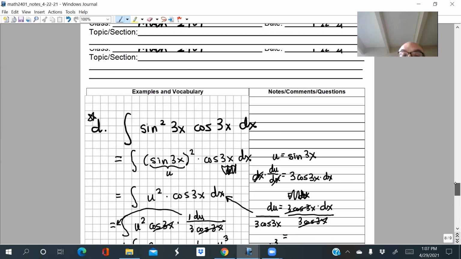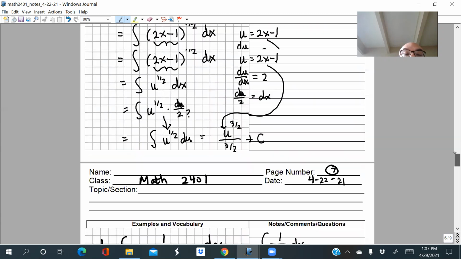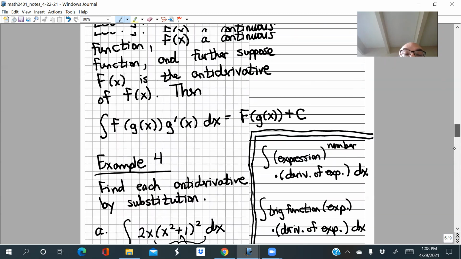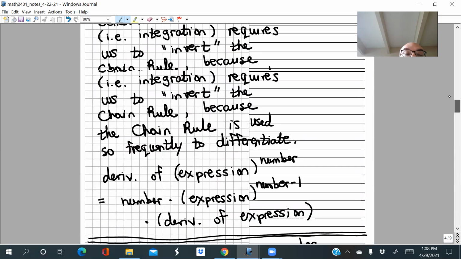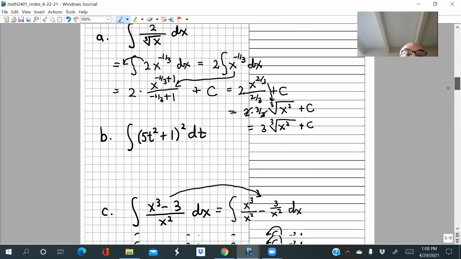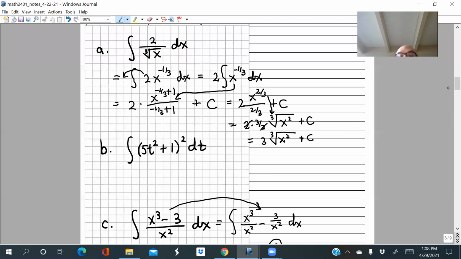All right, let me show you one. We're going to finish with one more example. And sometimes integration by substitution goes awry, and here's one case where that happens. I saved this problem to illustrate this. Now I have t instead of x, but that's okay, right?